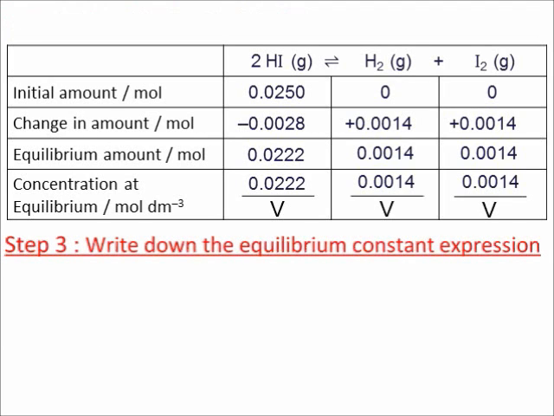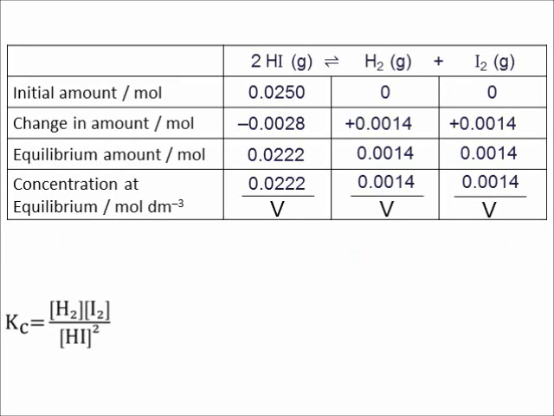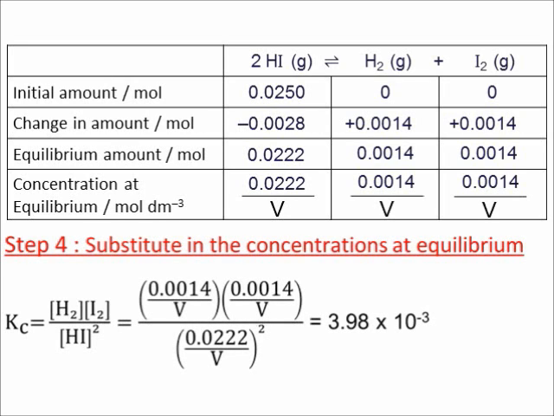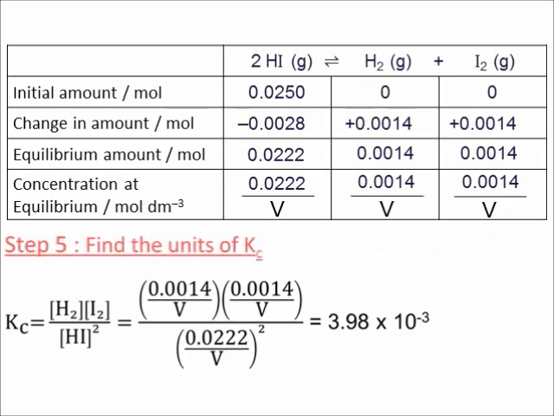After deriving the expression for Kc, substitute in the respective concentrations of reactants and products at equilibrium. In this case, the unknown V cancel each other out and we finally arrive at the value of Kc. Don't forget the units.